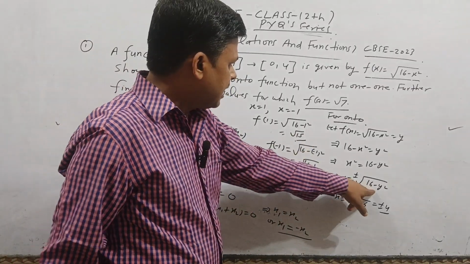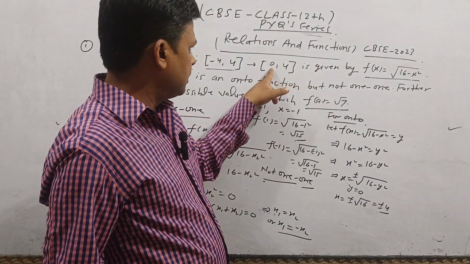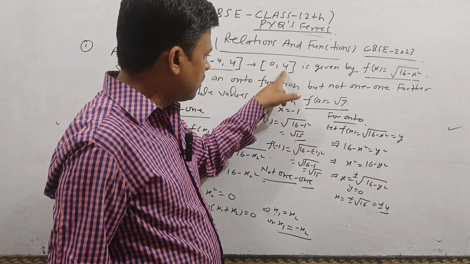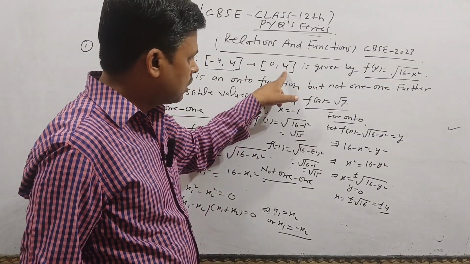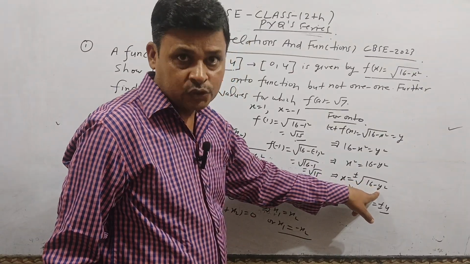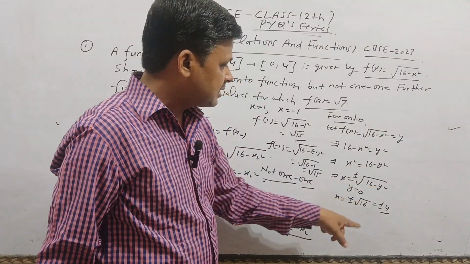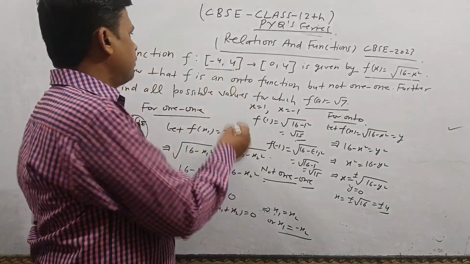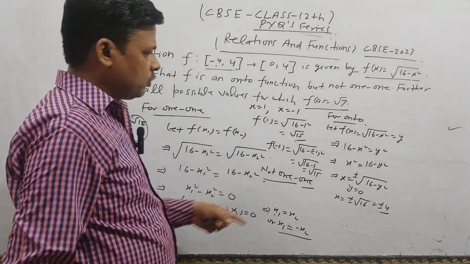And if you take any other number in this interval other than 0, for example 4, 16 minus 4 square is 16 minus 16, which will be 0. So you will get all the values from -4 to 4.